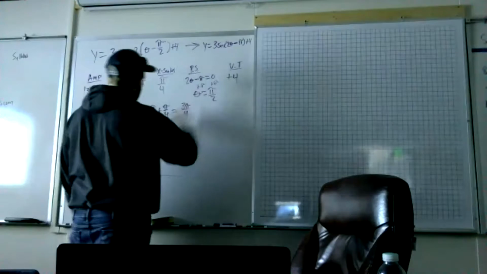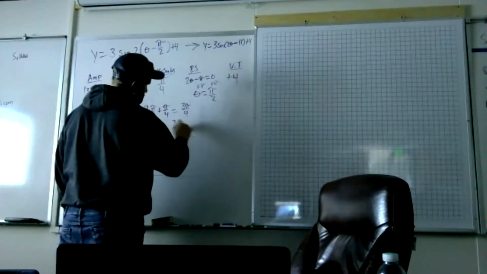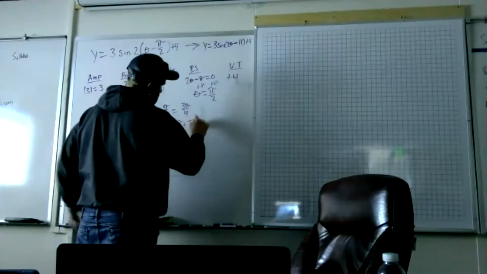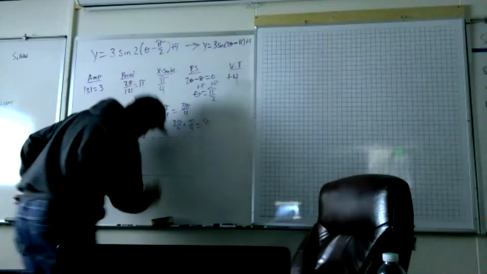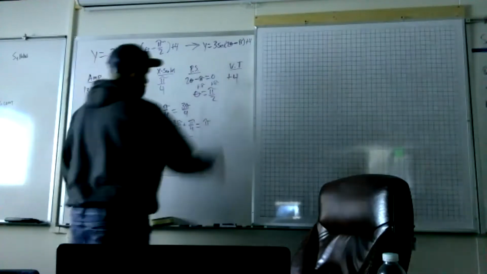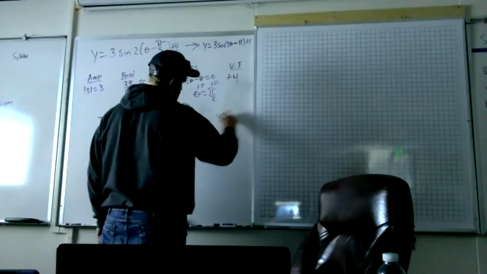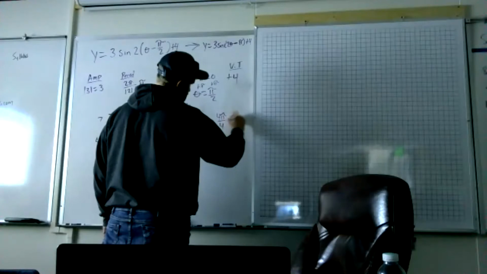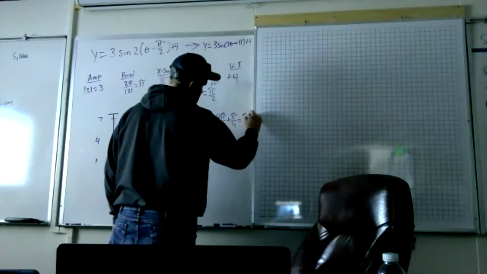Okay, if I add pi fourths to that, 3 pi over 4 plus pi over 4 is just going to be equal to pi. Okay, 4 pi over 4 plus pi over 4 is equal to 5 pi over 4.